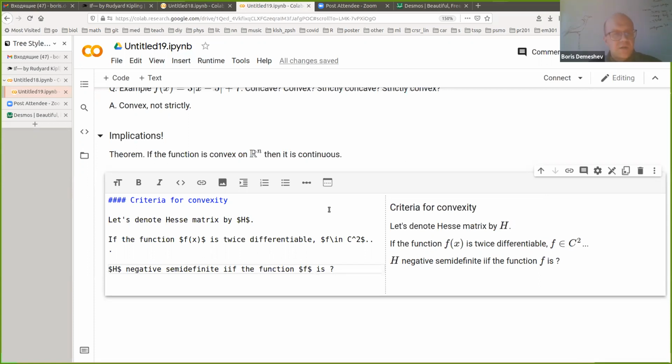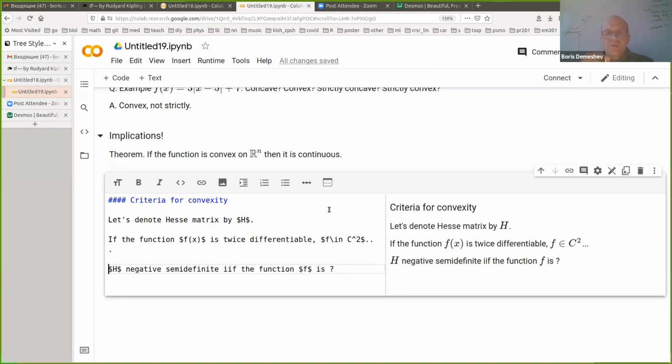The matrix of second derivatives is negative semi-definite, so the function is like this. Concave. Imagine a parabola with a negative first coefficient.